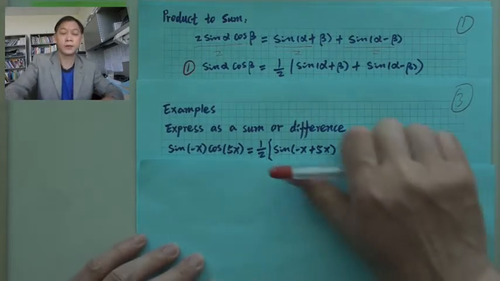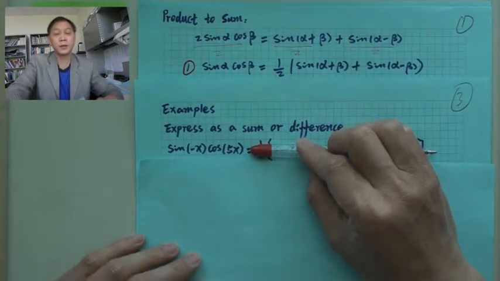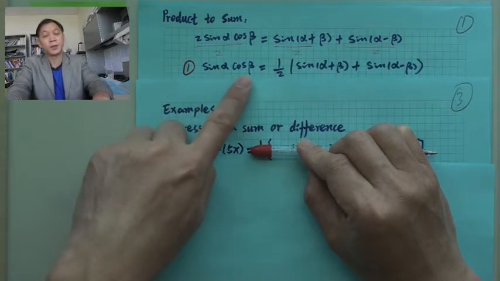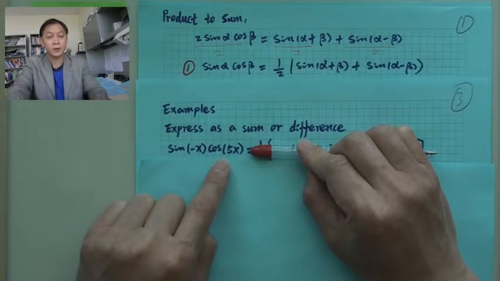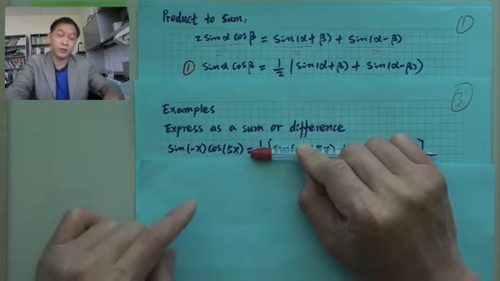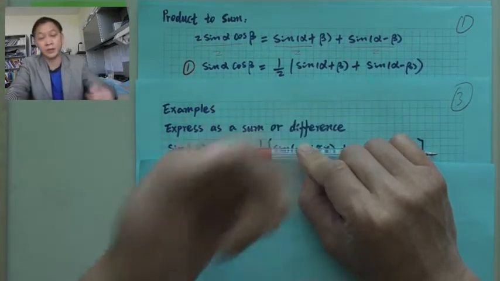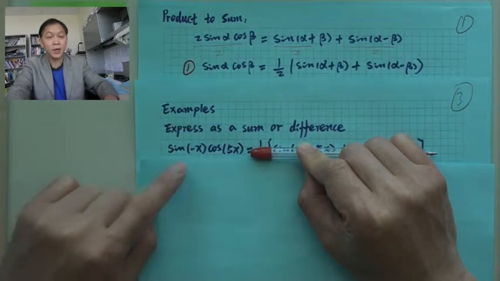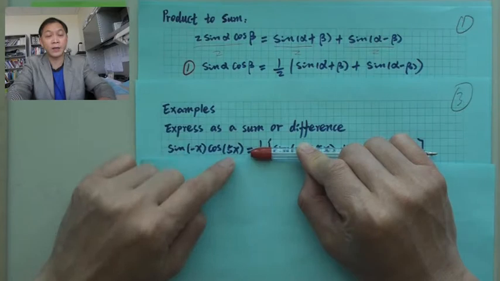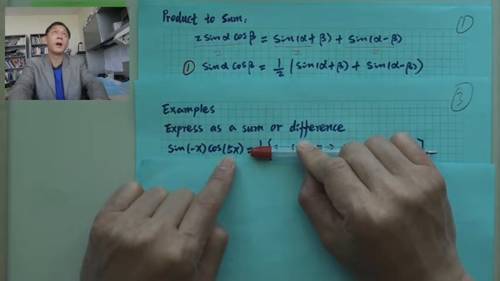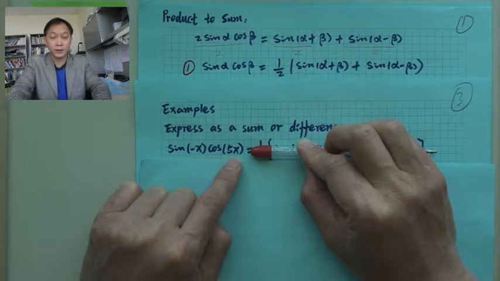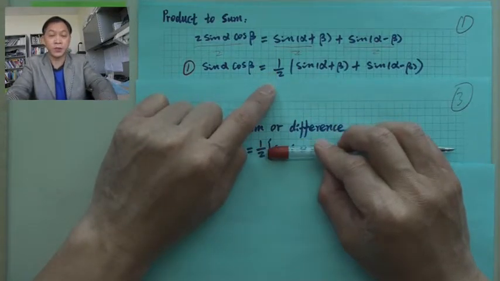You see right here, sine, cosine. And we want to express it as a sum or difference, means plus or minus. Alpha is negative x, beta is 5x. Based on the formula right here, then you have a 1/2 in front of it.